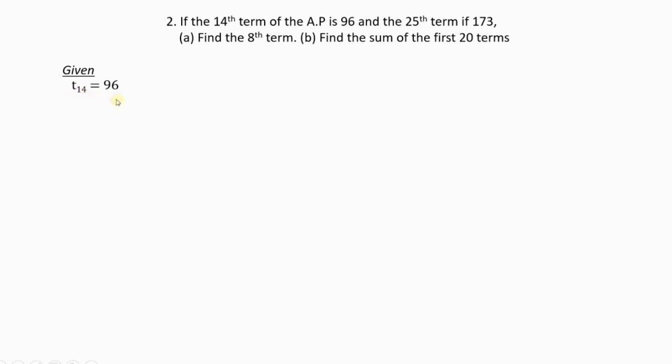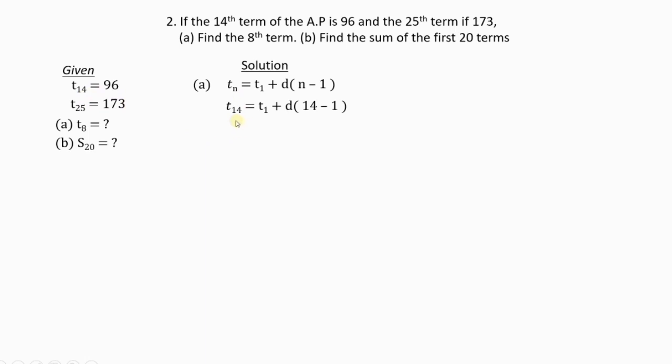We have our T14 as 96, T25 as 173, and A is asking for T8, B is asking for S20. Since this is an arithmetic progression, we use the general equation for the nth term of an arithmetic progression.